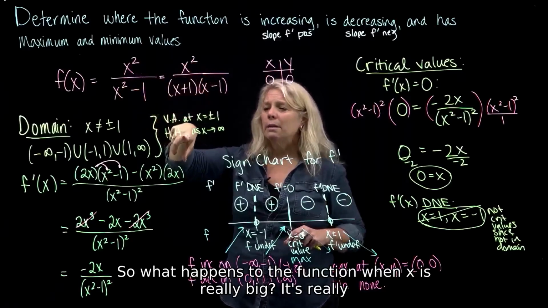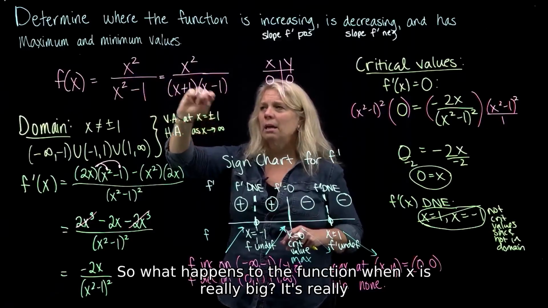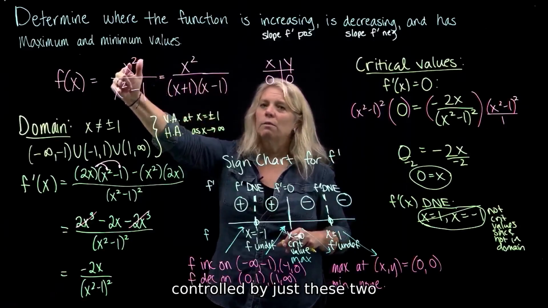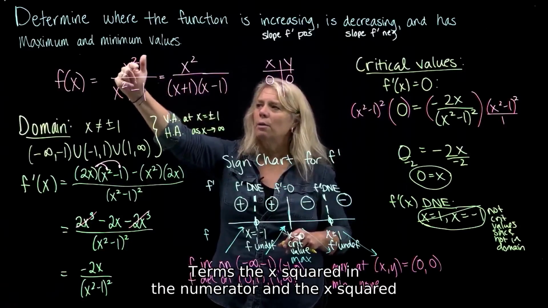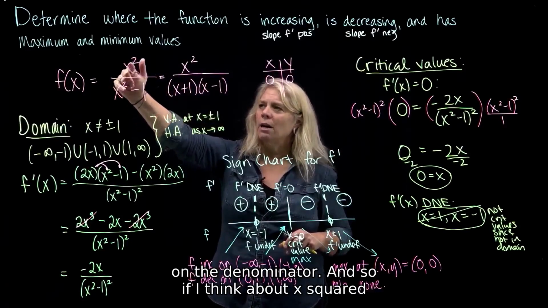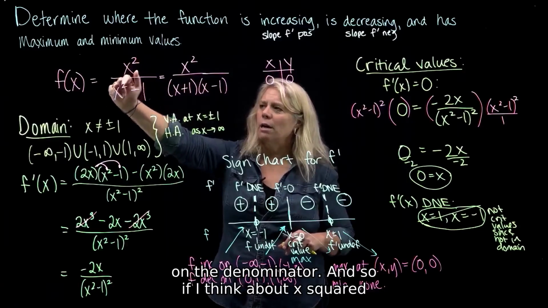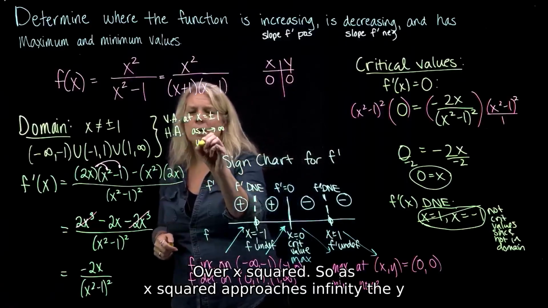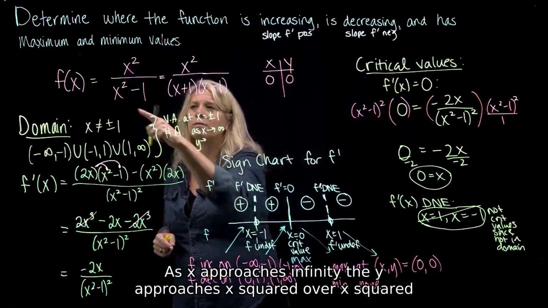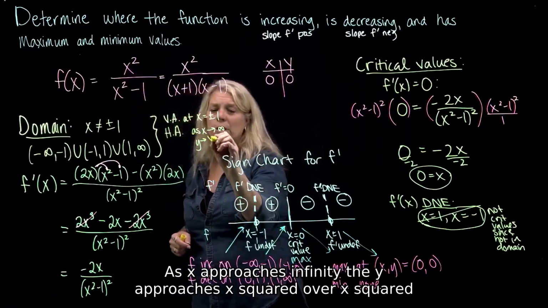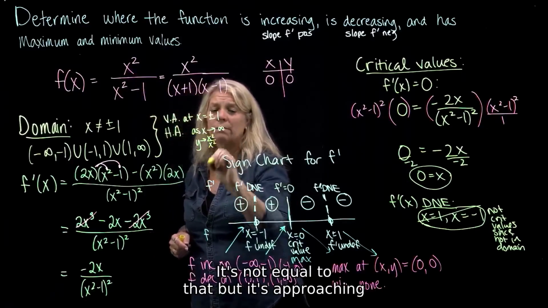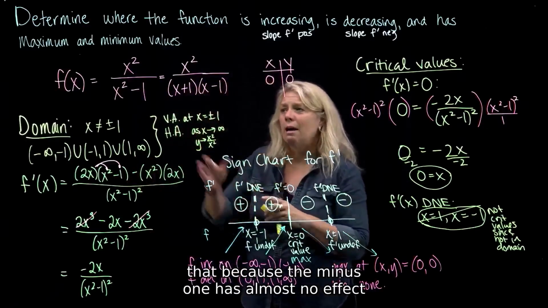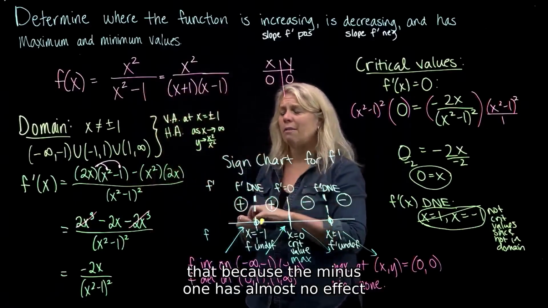So what happens to the function when x is really big is really controlled by just these two terms, the x squared in the numerator and the x squared on the denominator. So if I think about x squared over x squared, as x approaches infinity, the y approaches x squared over x squared. It's not equal to that, but it's approaching that because the minus 1 has almost no effect.